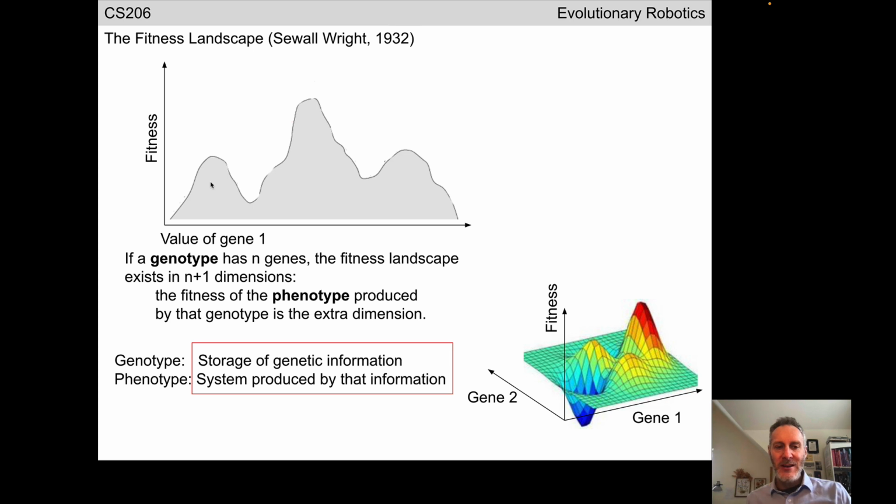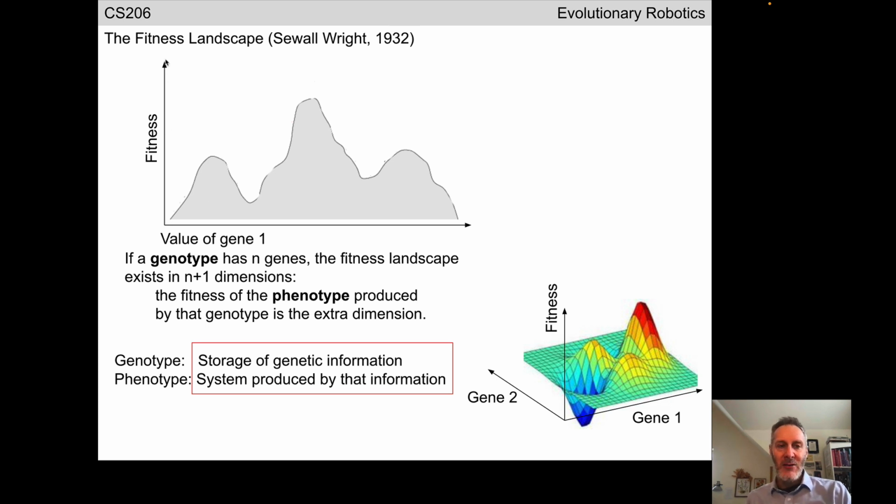So we can think about a fitness landscape associated with that robot and that one synaptic weight by creating one horizontal dimension here that's going to represent the value of gene 1. There's only one gene for this robot, and that gene encodes a floating point value, the weight of that single synapse.